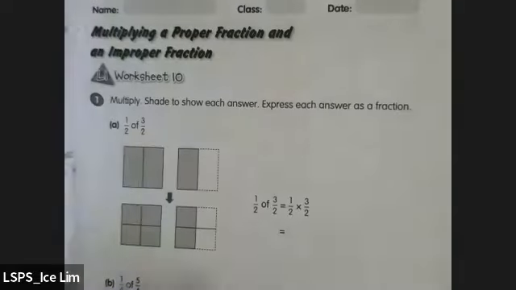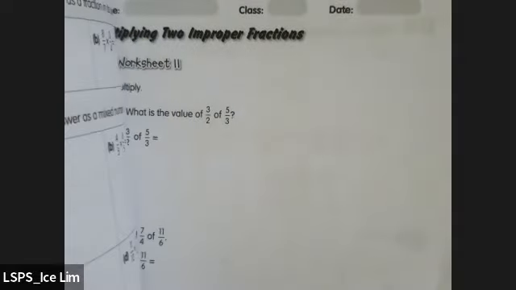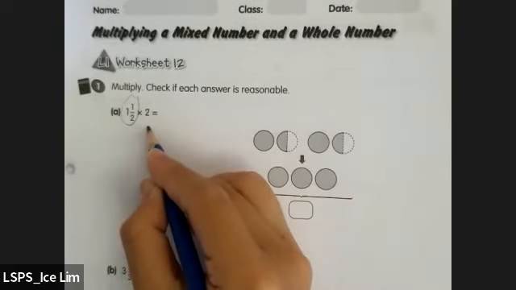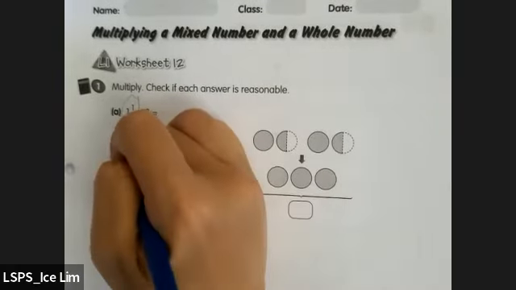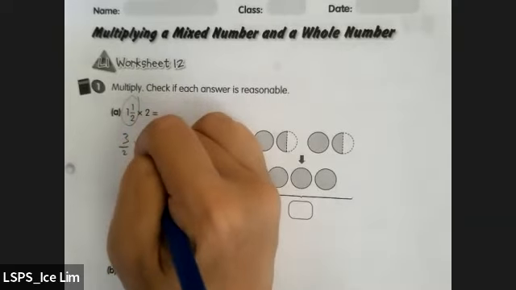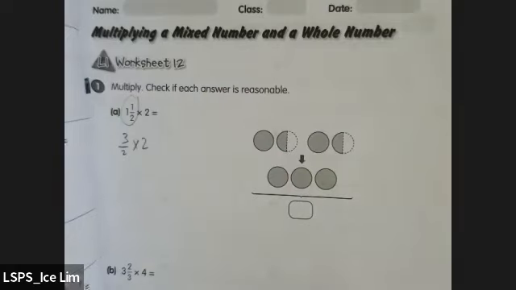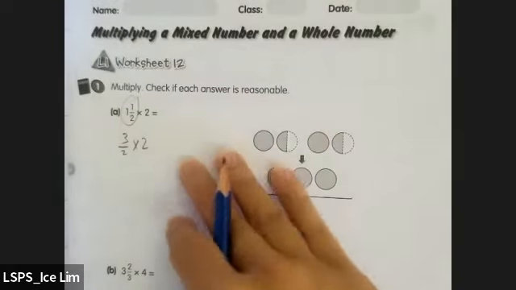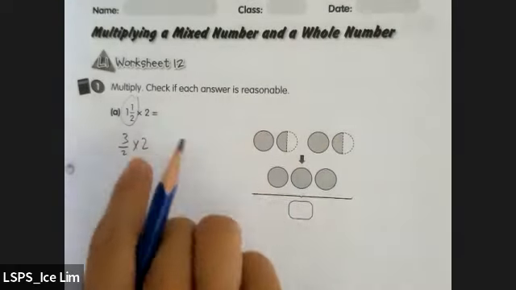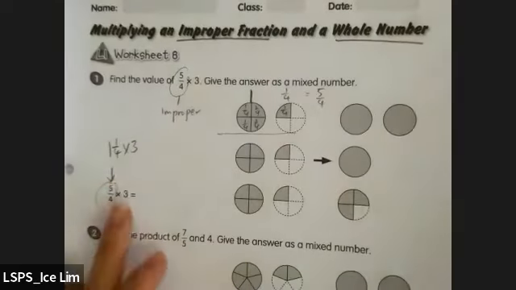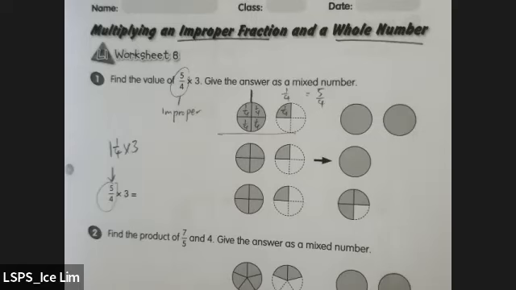Looking at the back, a mixed number times a whole number, I can change it to 3/2 times 2. Sorry, Mr. Chen, give me a bit more time, I have to cover a bit more today. So these two are very similar. Once you learn one, you can learn the other, using the same skill.